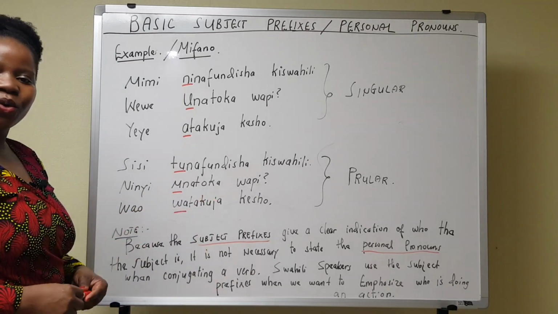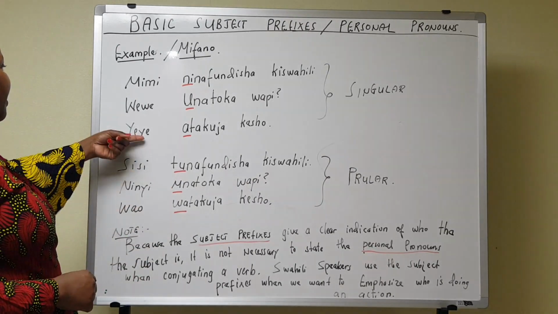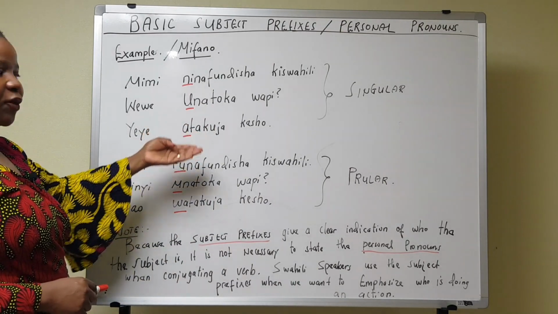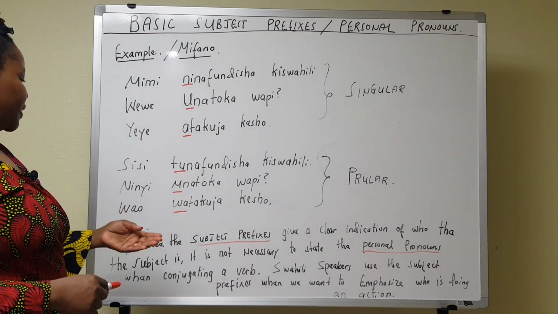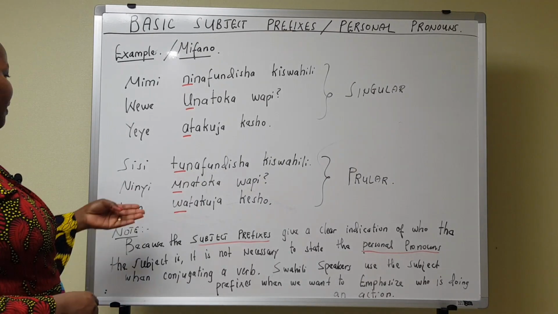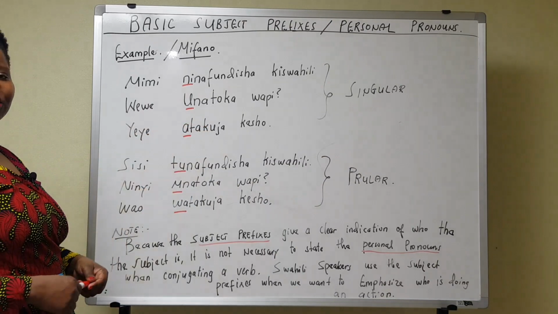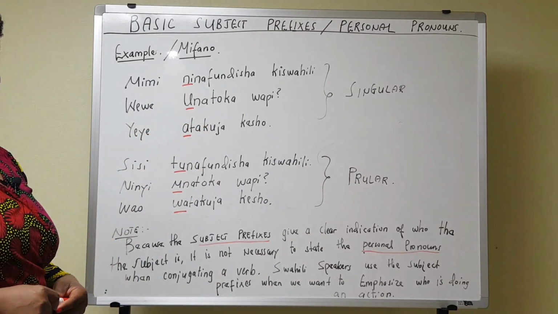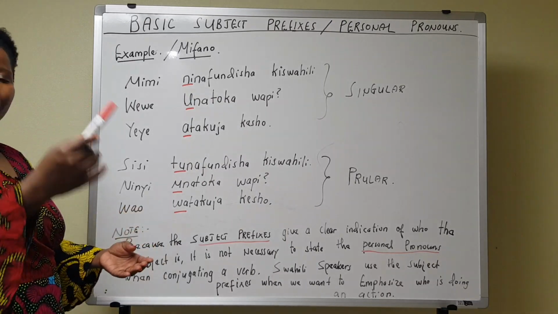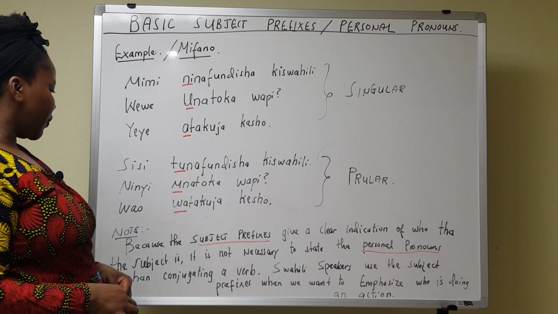They will come tomorrow. Yeye atakuja kesho, he or she will come tomorrow, is singular, but in plural it is wao watakuja kesho.